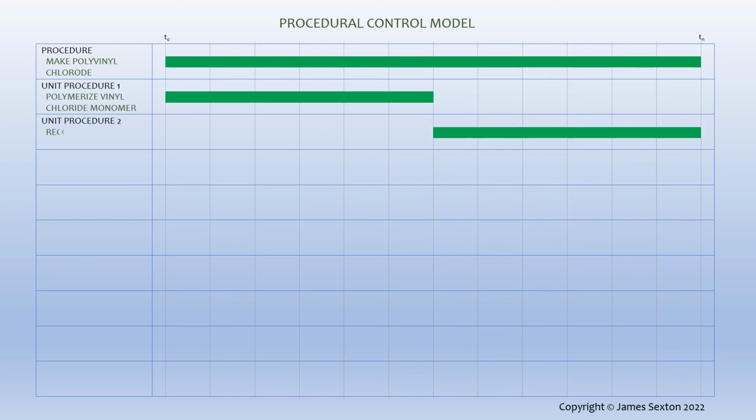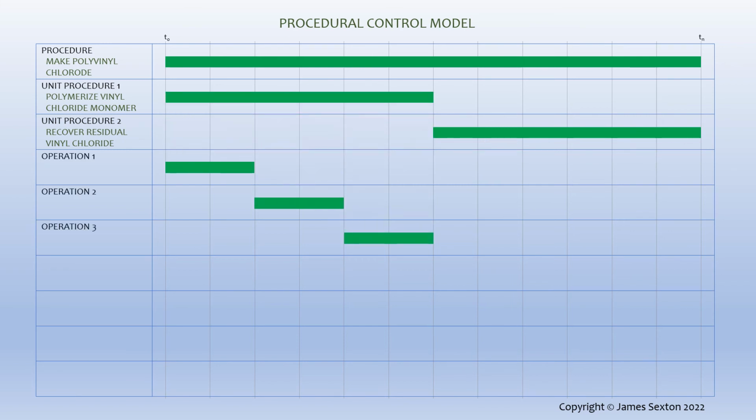The first of these stages, polymerize, is made up of an operation for each of the process operations in the process design. The translation of the process actions into phases is the only place in the ISA-88 example where the relationship is not exactly one-to-one.